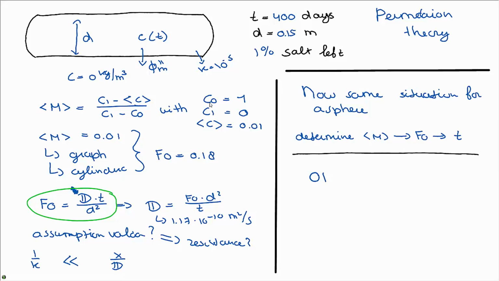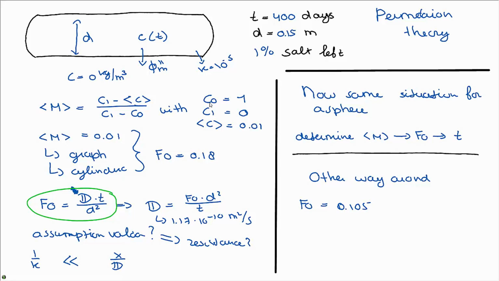Then we went the other way around. So we know the time, but we want to know the concentration at the inside, so in the center of this sphere. We know Fourier's number from last exercise, which was 0.105.